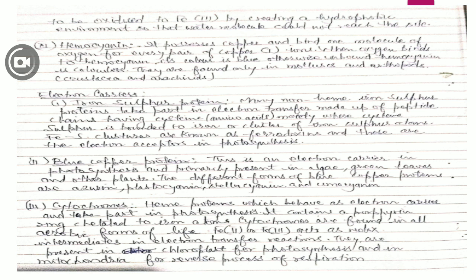There are several types of electron transfer reactions going on in the plants, and they are present in chloroplast for the photosynthesis and mitochondria for the reverse process of respiration.